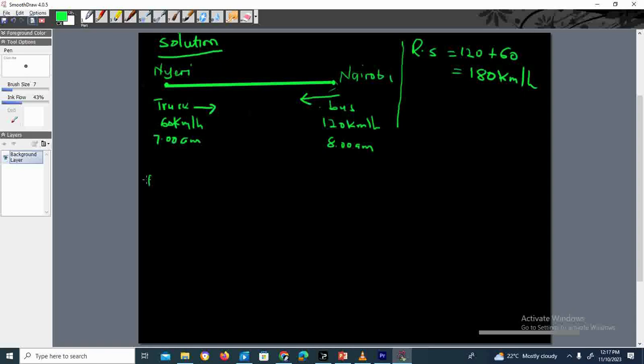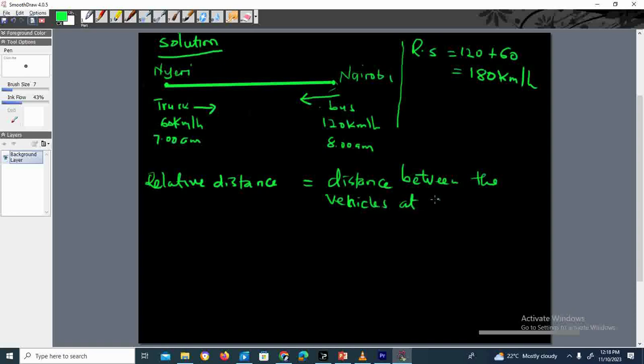So relative distance will be the distance between the vehicles at 8 a.m.